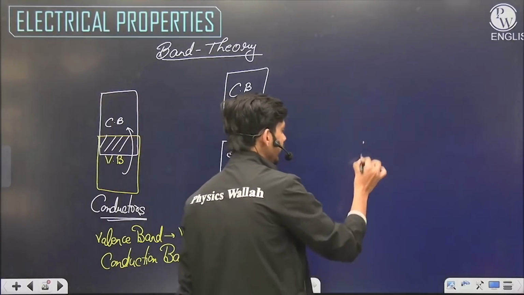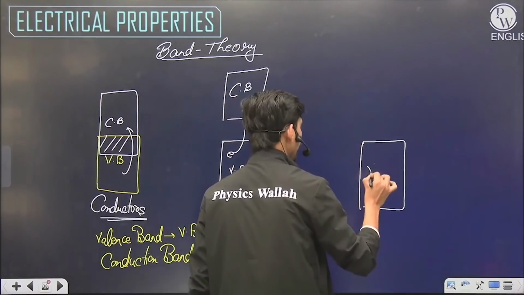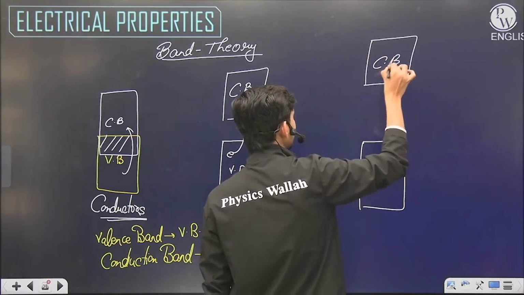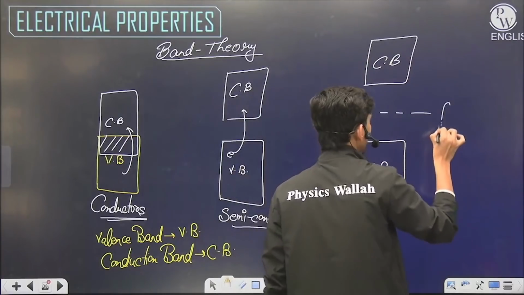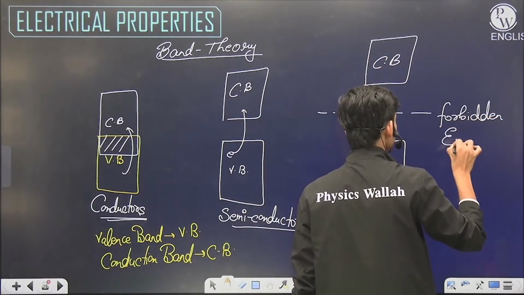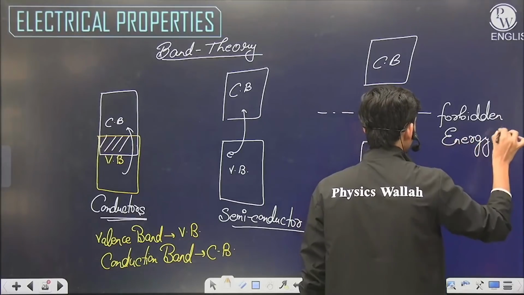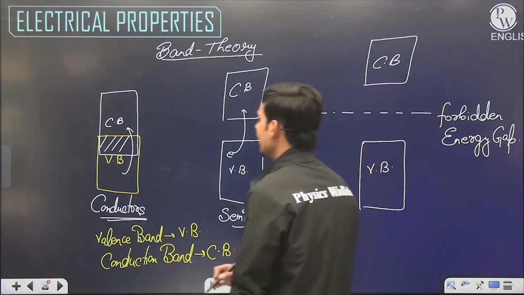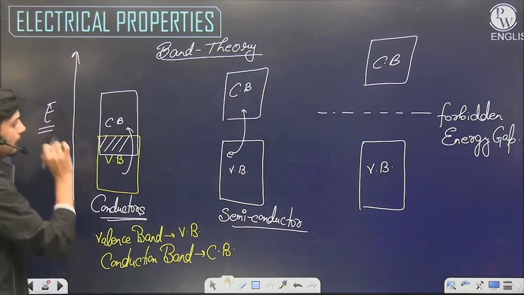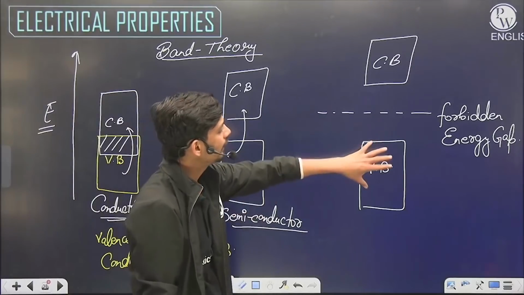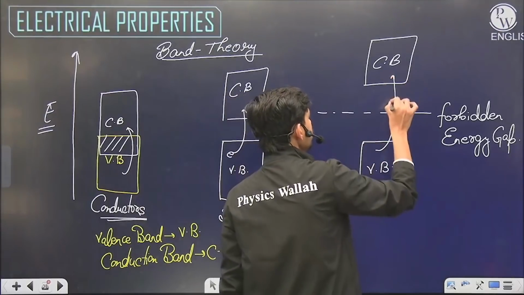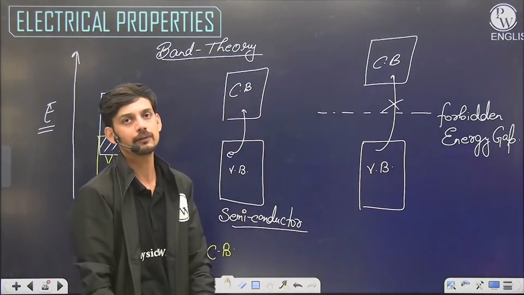In case of insulators, things are quite different. The energy gap is forbidden. What does forbidden mean? It means it is not possible for any method for an insulator to give the amount of energy required for a valence band electron to jump to the conduction band.